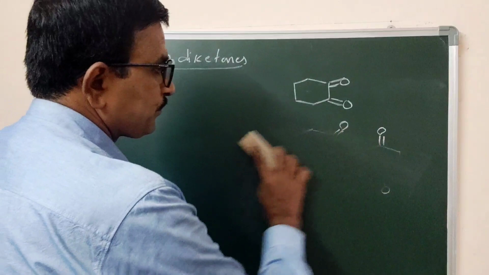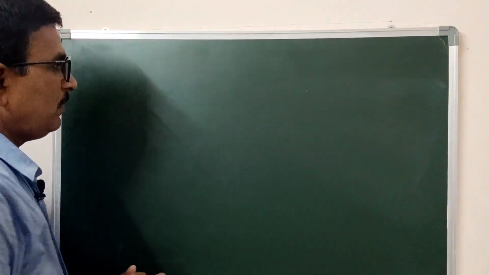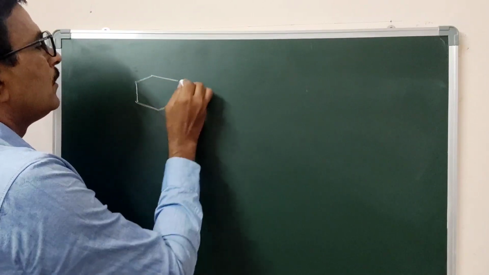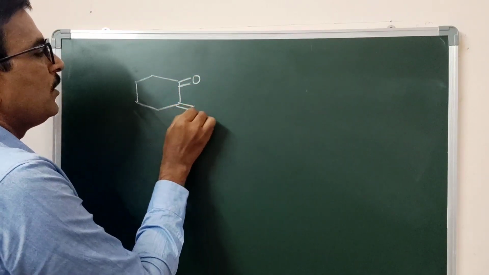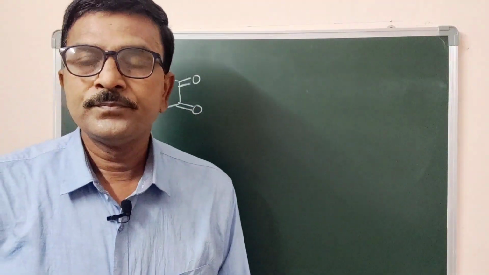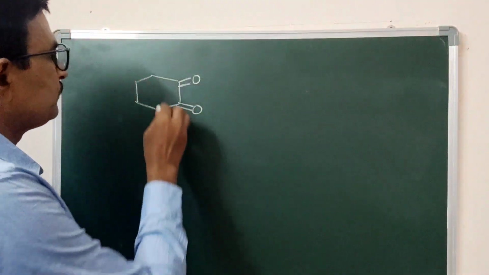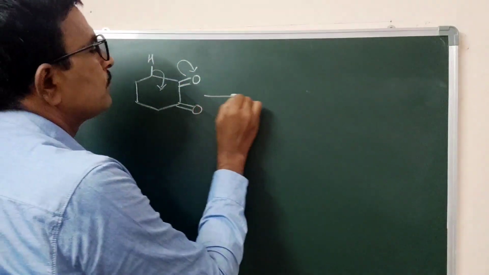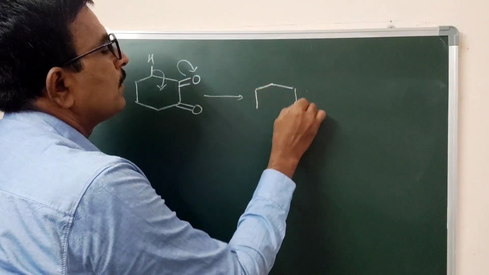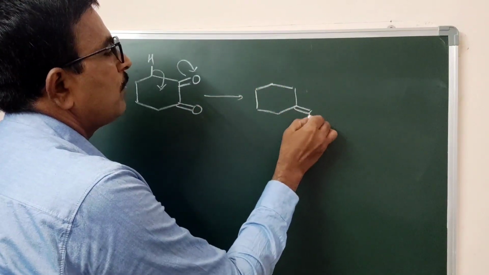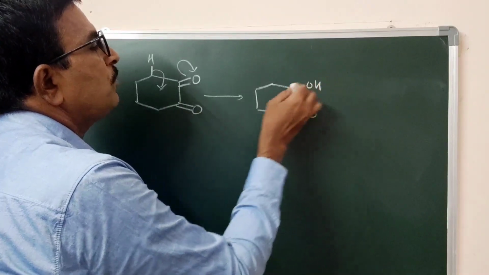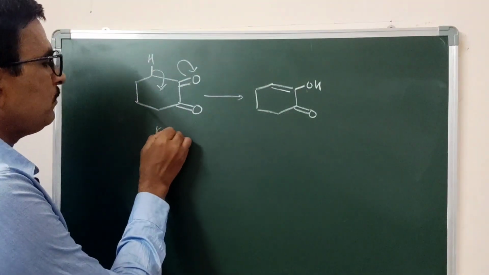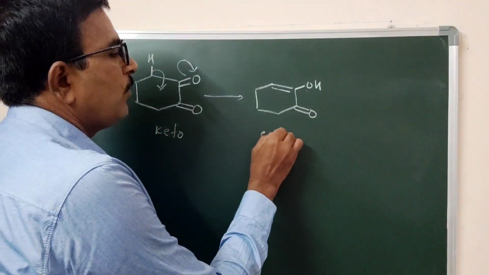For example, this is diketone, say 1,2-diketone in its enolic form, say a shift of hydrogen from carbon to oxygen. This is double bond O, this become OH group, there is a double bond. This is keto form, this is enol form.